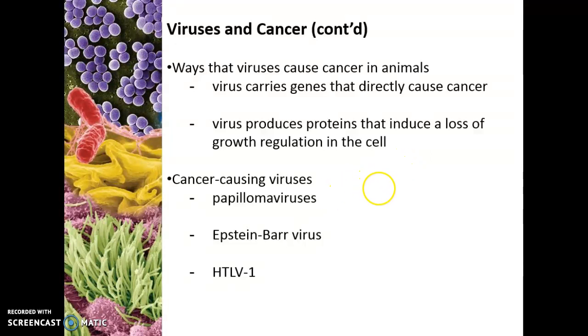Epstein-Barr virus is a herpes virus that causes a lot of different cancers. And then HTLV is a T-cell lymphoma virus that can cause T cells to go rogue and become cancerous.